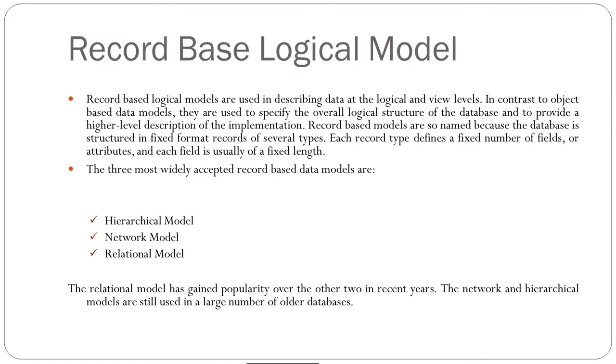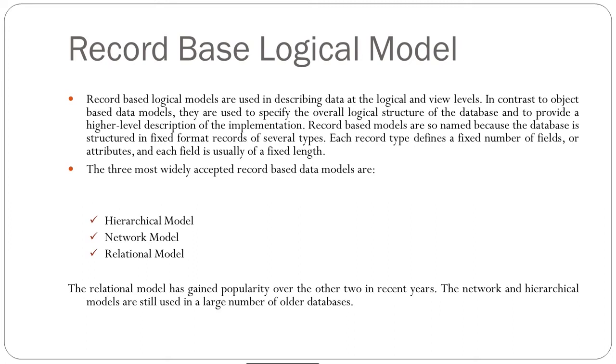The second one is the record based logical model. Record based logical models are used to describe data at the logical and view level, in contrast to the object based model. Like the object based model, this also works with conceptual level and view level data abstraction.